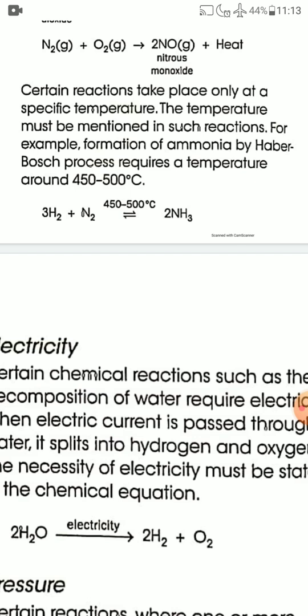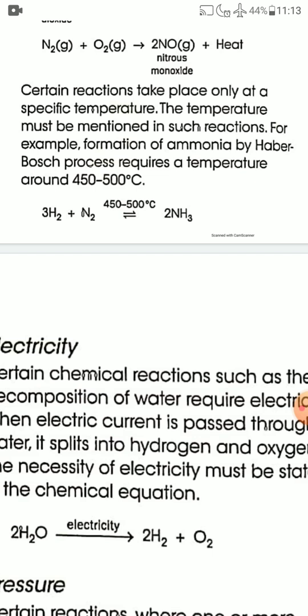For example, formation of ammonia by the Haber-Bosch process requires a temperature around 450 to 500 degrees Celsius. So you have to mention this temperature, 450 to 500 degrees Celsius, which is required for the formation of ammonia gas from hydrogen and nitrogen gas.